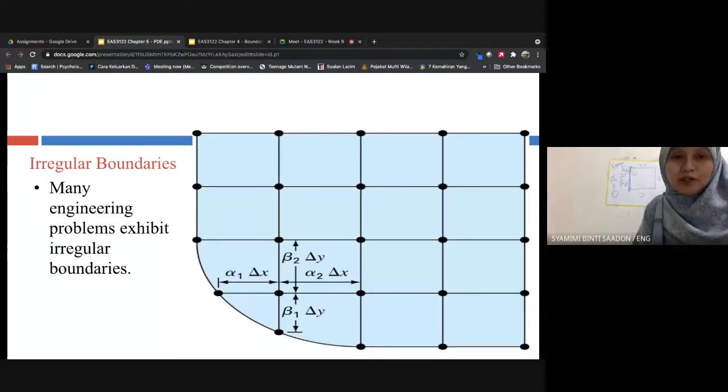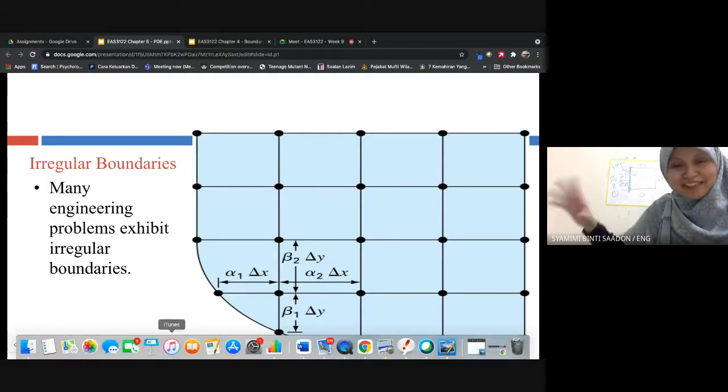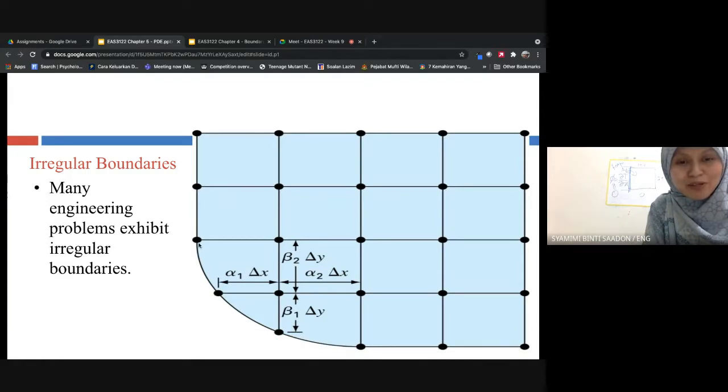Another example of boundary condition is irregular boundaries. Sometimes the boundaries in the problems we have are not normal boundaries, like a rectangular or square form. Sometimes we have a curve like this. So these are irregular boundaries, where we have to assume the x and the y, delta y, delta x.